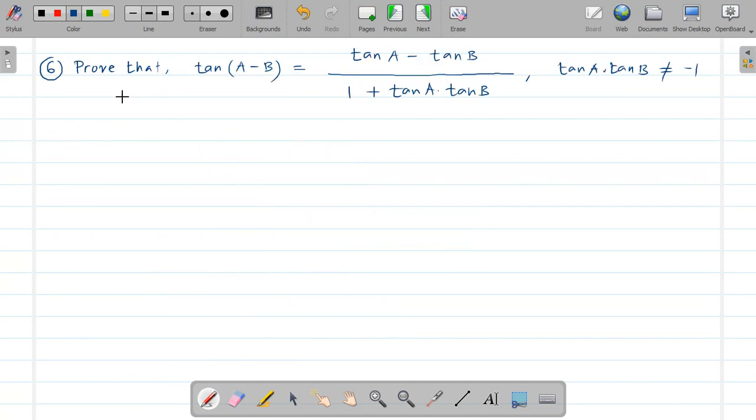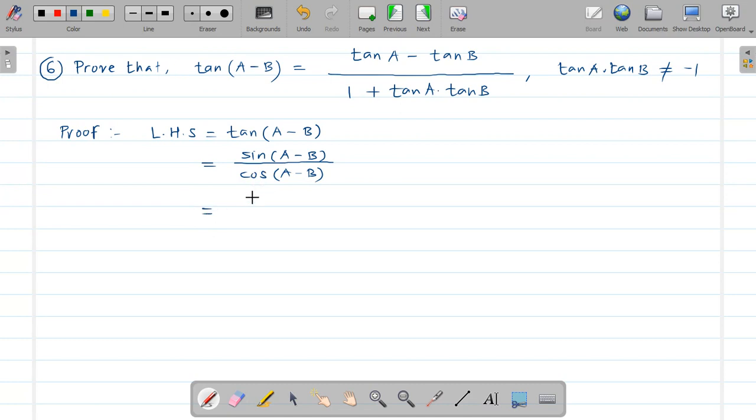Now we will derive the next formula, the compound angle formula for tan of A minus B, that we have to prove: tan A minus tan B upon 1 plus tan A into tan B. So let us see the proof of this also. In this proof we take LHS, that is tan of A minus B. Now this can be expressed as sin of A minus B upon cos of A minus B. Here also we require the previous formula.